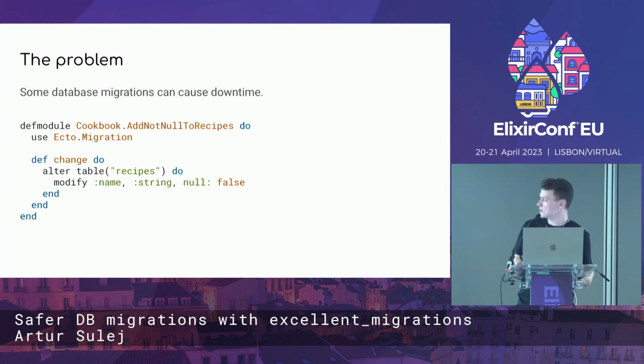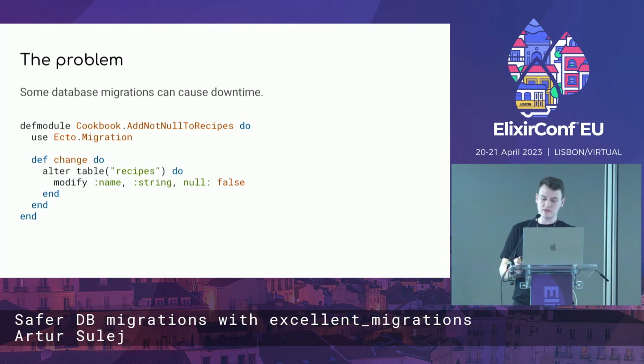And here's another example of a migration that looks pretty innocent. It just adds a not null constraint, a very popular one. But again, if the table is pretty big, then basically this causes a lock on the table. So no reads or writes can happen during the time of this migration.